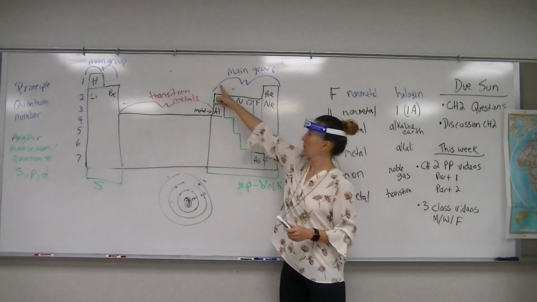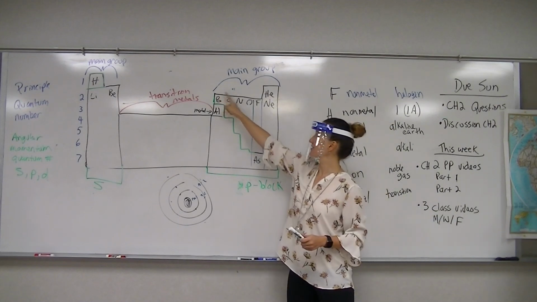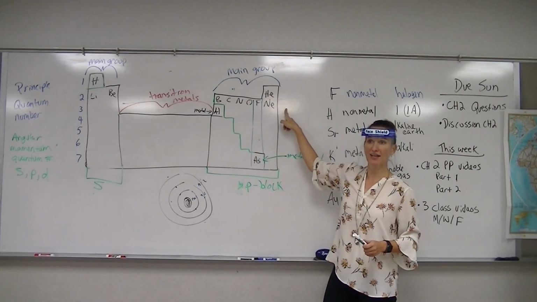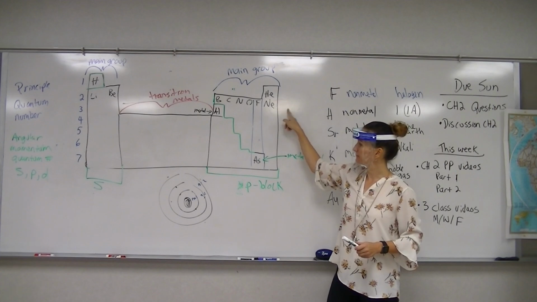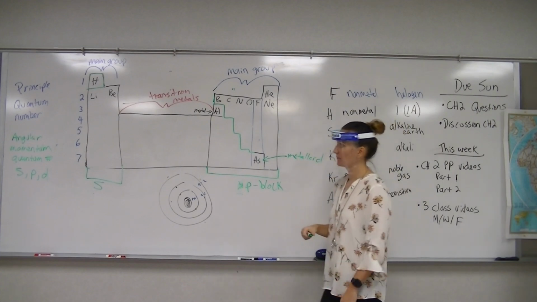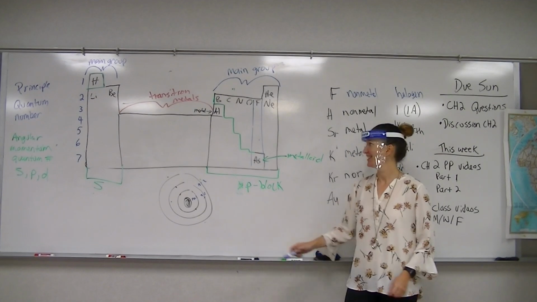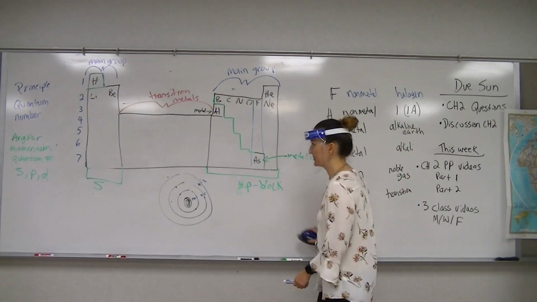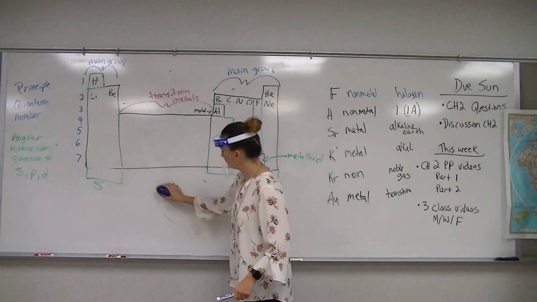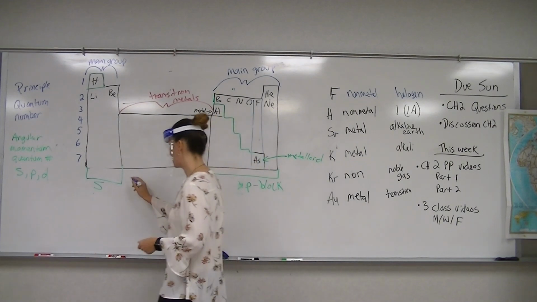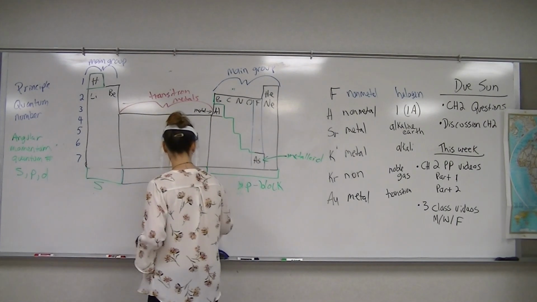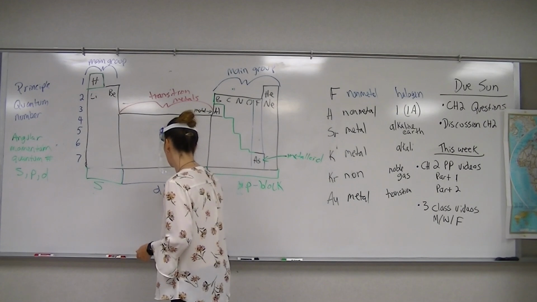So the main group elements over here, the 6, from boron all the way to the noble gases. We only have one letter left. Where do you think that's at? The transition metals, the D block. I think I referred to it as the D block when we first looked at it, and that's the reason why, because these are the D block.